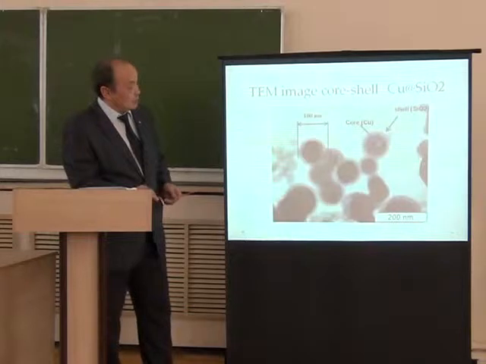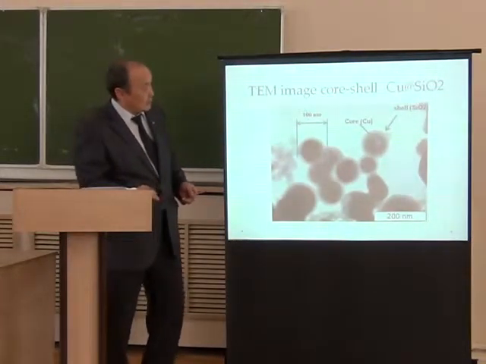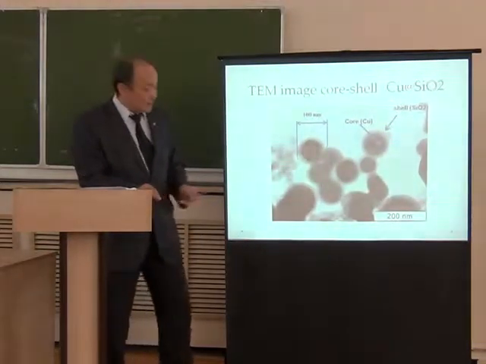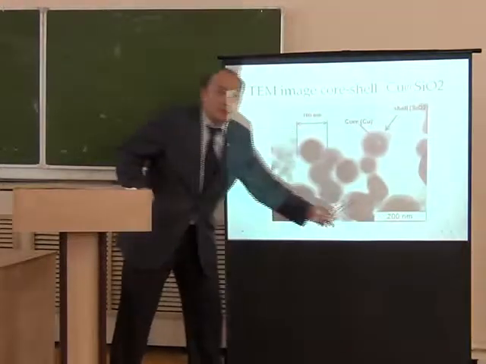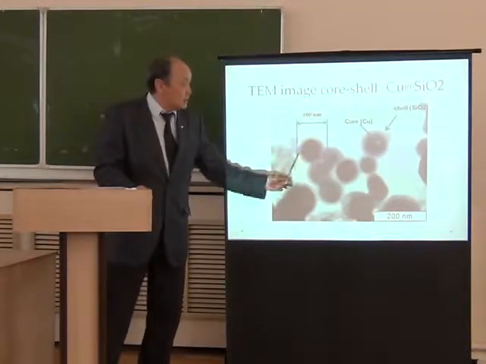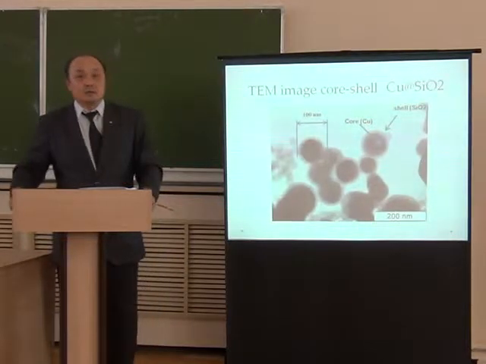The diameter of this core shell nanoparticle is about 100 nanometer. This distance, 200 nanometer. This particle, the distance between this line, 100 nanometers. Do you understand?